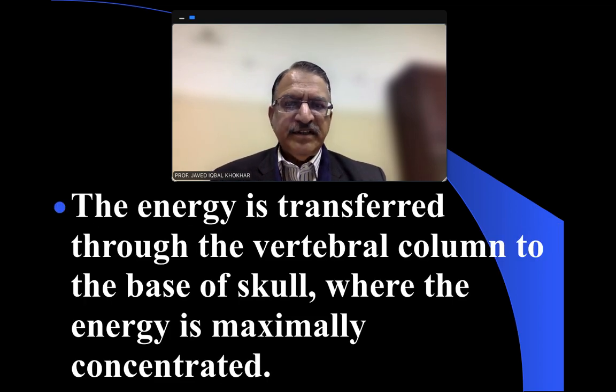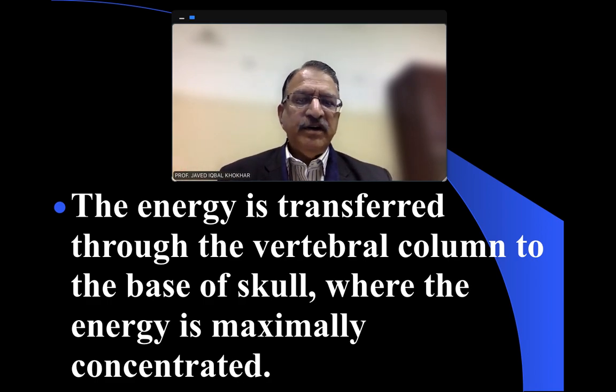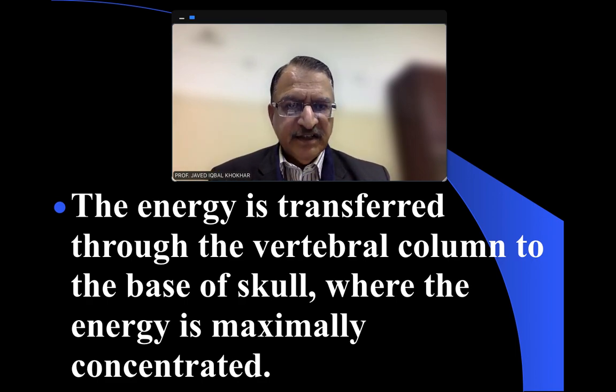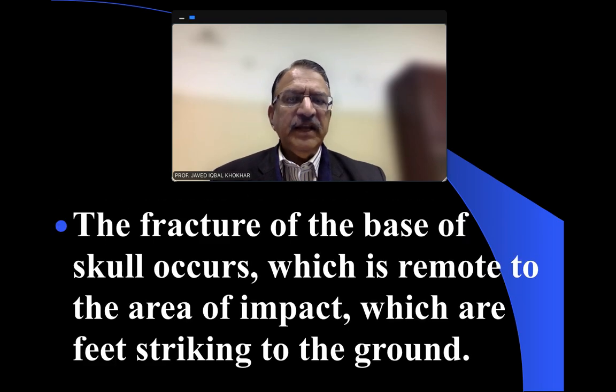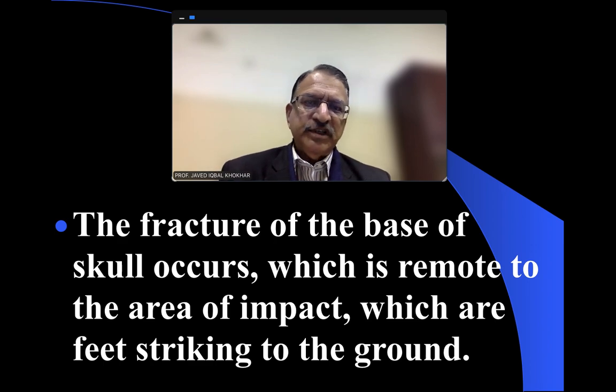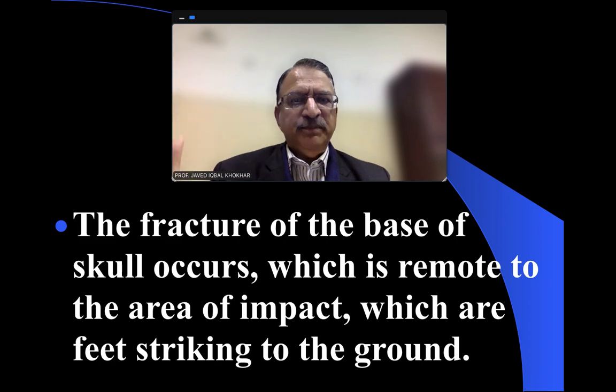If someone is jumping from a height, the energy is transferred through the legs to the vertebral column to the base of the skull, where the energy is maximally concentrated. And there will be fracture of the base of the skull, which is much more remote than the area of impact. The areas of impact are the feet or the heels, but the force is transmitted from the legs to the vertebral column to the base of the skull.